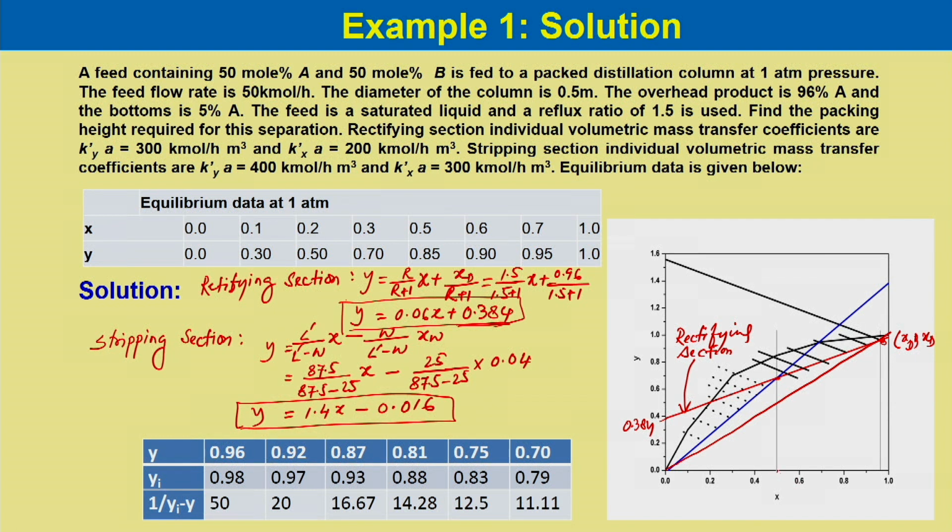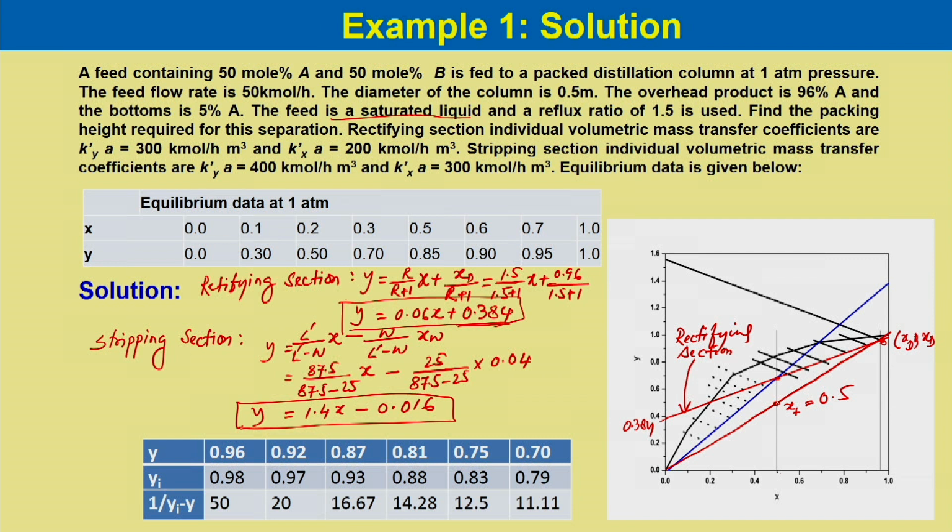And we know the feed condition, which is 50% A and 50% B. So, 0.5 is over here. The feed condition is given, so we locate this point on the 45-degree diagonal, that is xF = 0.5, and the feed is saturated liquid. So, the feed line slope will go vertically.